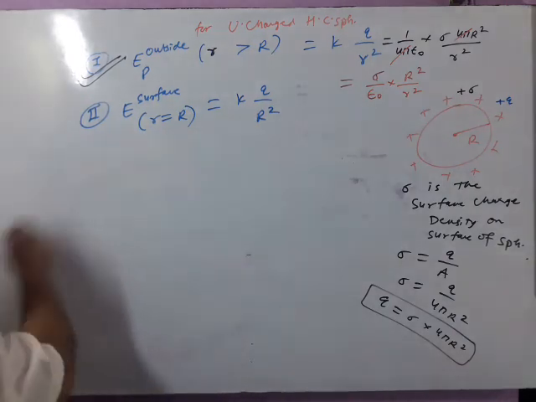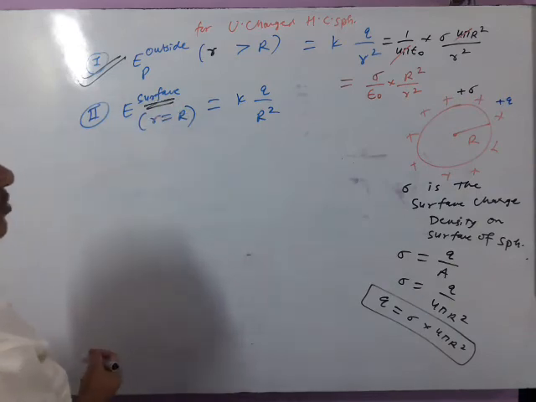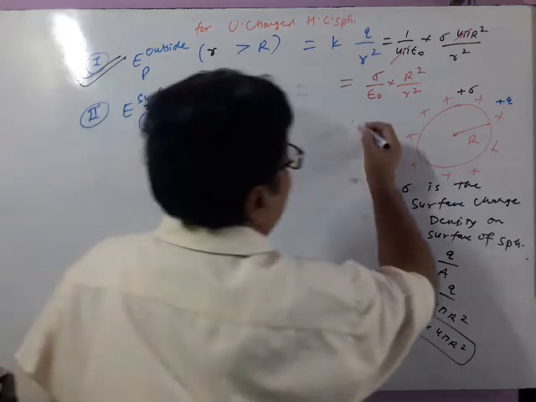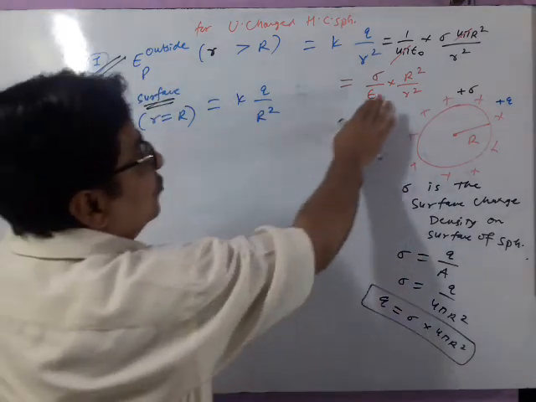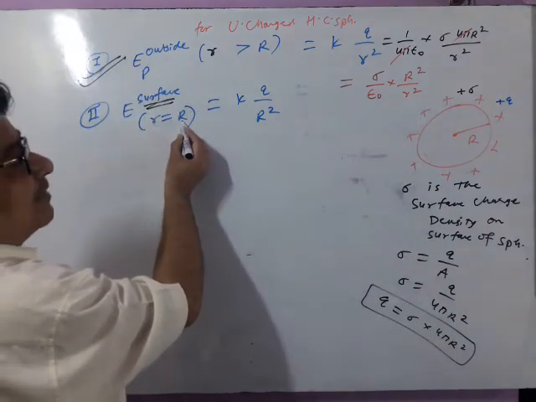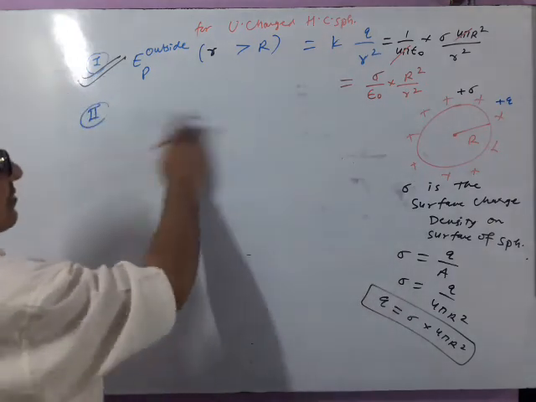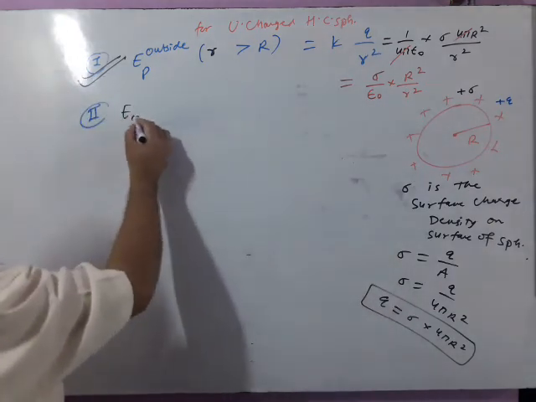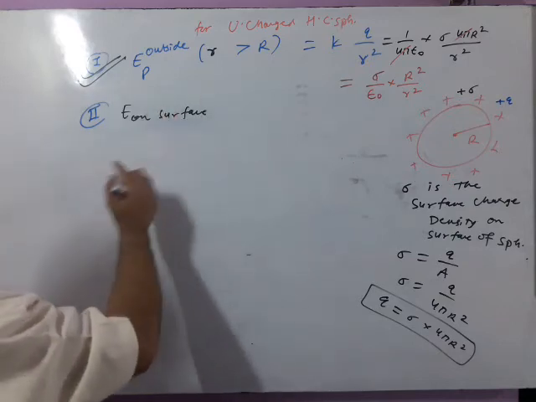But for a point on the surface of a hollow conducting sphere, what will you do? You know, there are two ways. First, if you have done this for outside, you know small r is equal to capital R. So directly write this. See, I am writing it. Electric field on surface, continuation part 2.